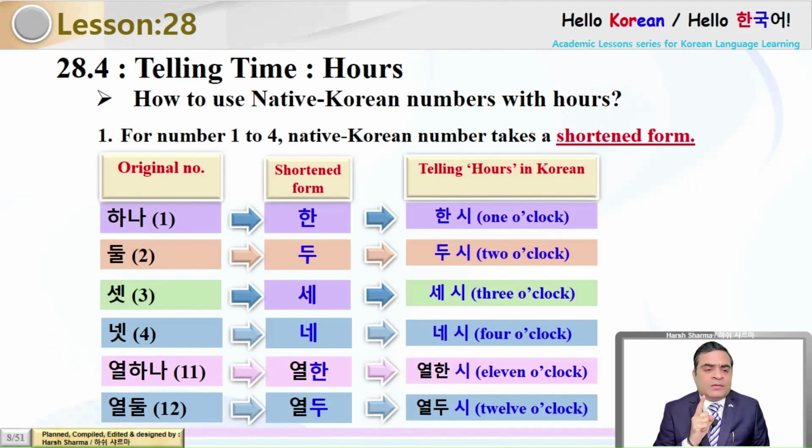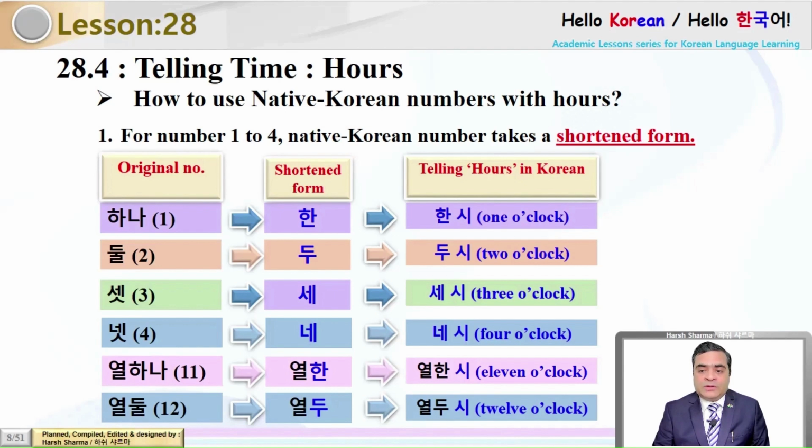In the same way, see number 2, 둘 will be 두, and it will be 두 시. Number 3, 셋 will be shortened to 세, and 3 o'clock will be 세 시. Number 4, 넷 will be shortened to 네, and 4 o'clock will be 네 시. Come to number 11.